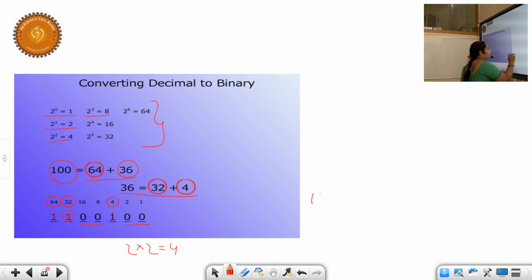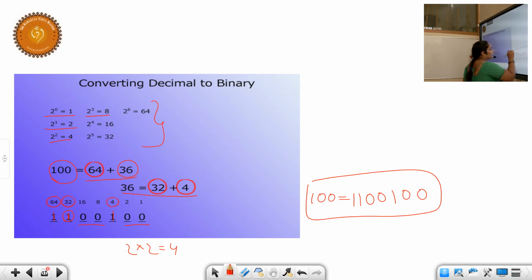So the total format of 100 is written as 1, 1, 0, 0, 1, 0, 0. The number 100 is in decimal format, and by converting it into binary we get this format.